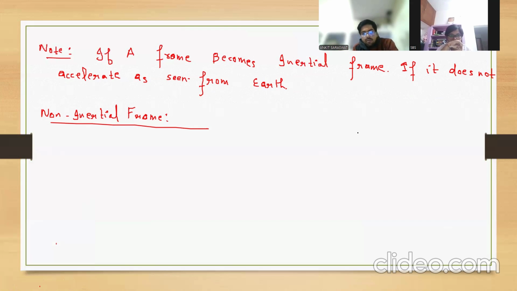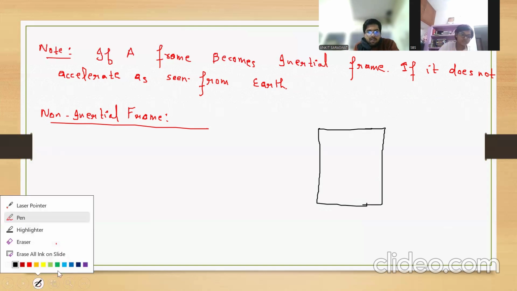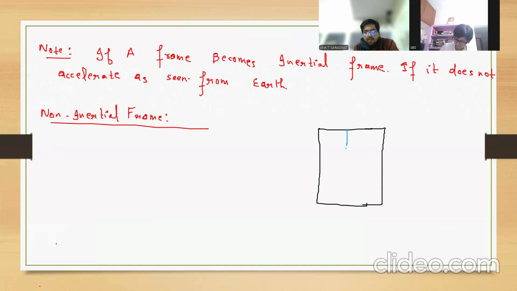Now if I ask one question, for example, this is a lift. With the help of a string, one block is attached like this. And this lift is going up with acceleration a naught. Now my question is, there are two persons, one is standing on the ground.